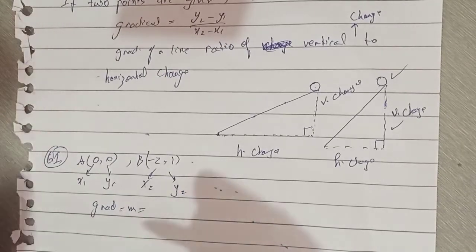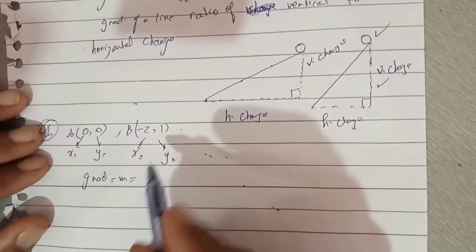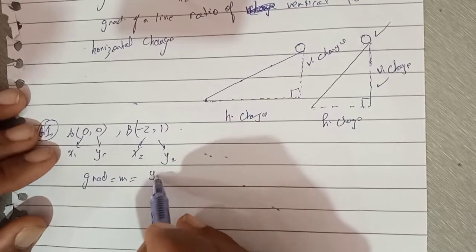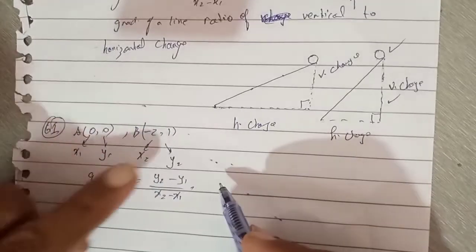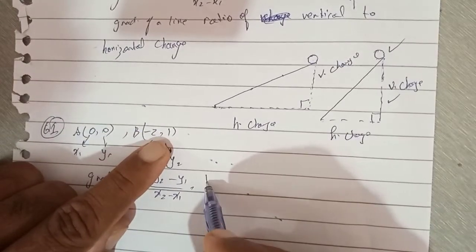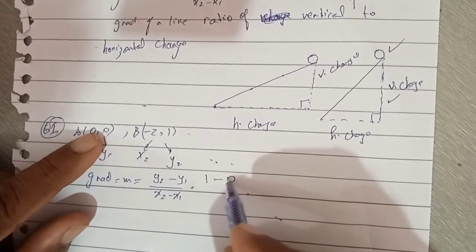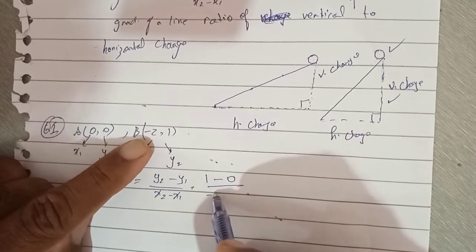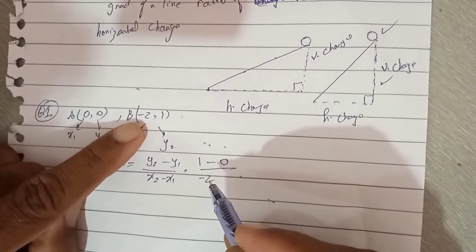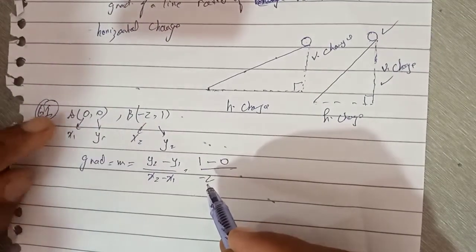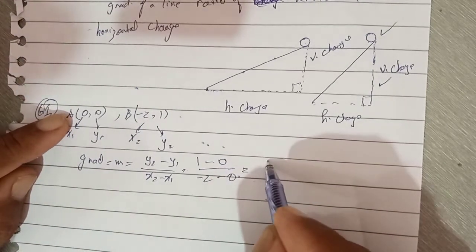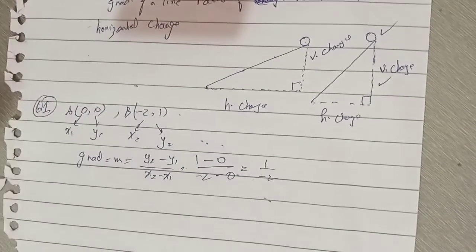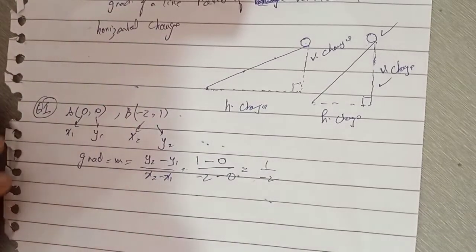The gradient is represented by the letter m. So the formula is y2 minus y1 over x2 minus x1. Now 1 is the y2, minus 0 which is the y1, over minus 2 which is the x2, minus 0 which is the x1. You will find the value of gradient over here is minus 2.